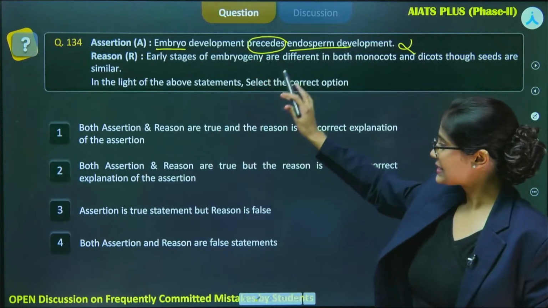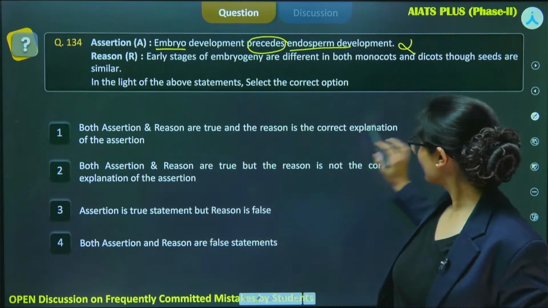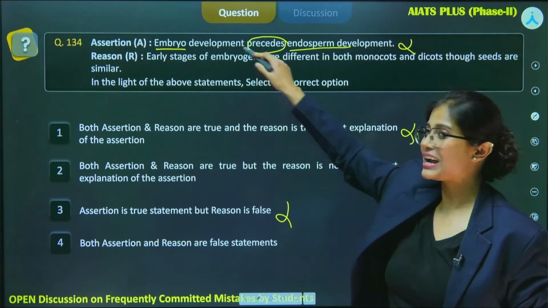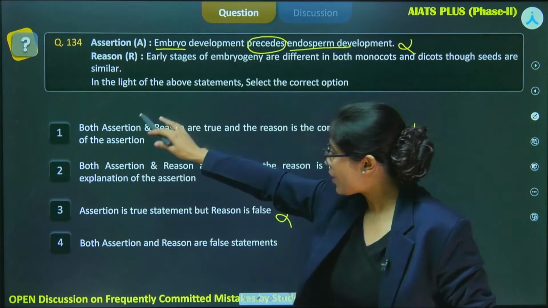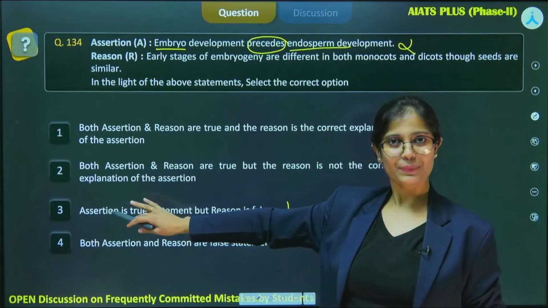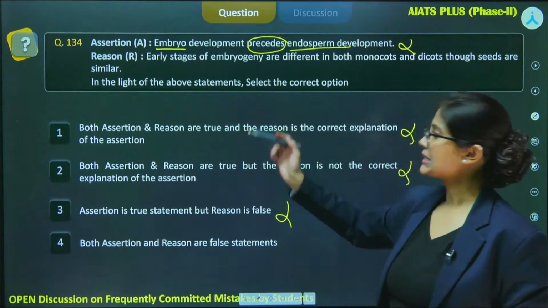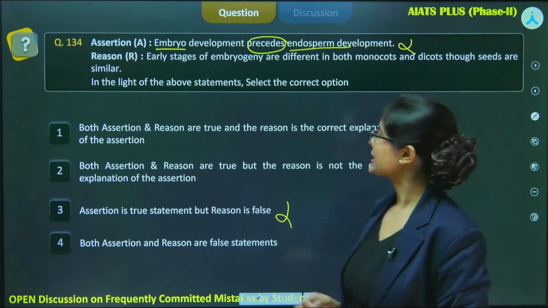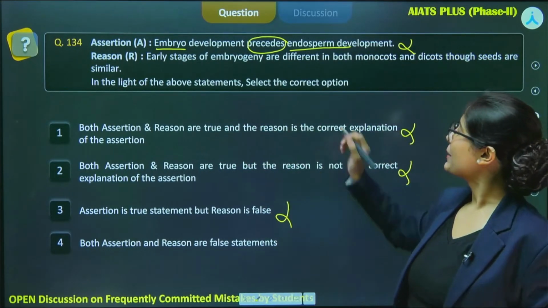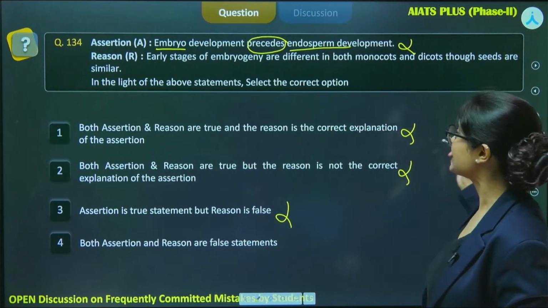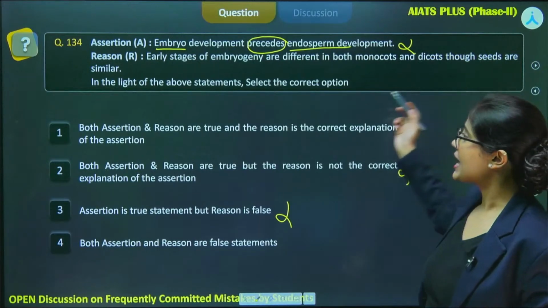Now, from this, I can easily rule out all the three options if I know that the first statement is incorrect, because in all the three options they are claiming that the assertion is true, but this is not the case. Now, let's see the next statement, which is reason, which says early stages of embryogeny are different in both monocots and dicots, though seeds are similar.